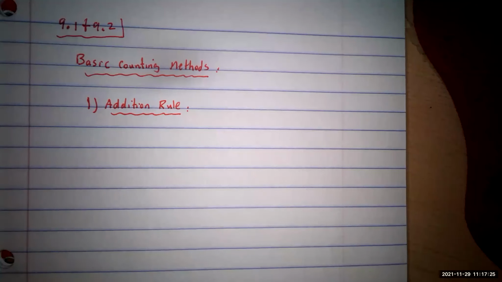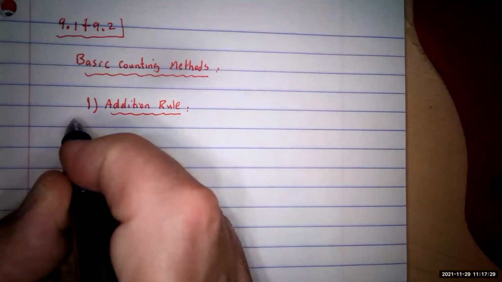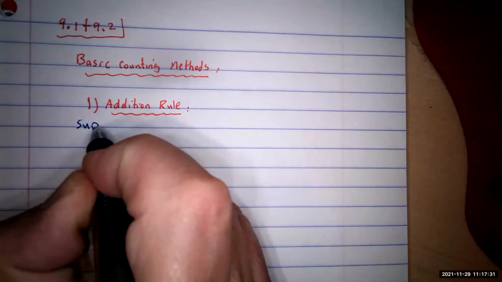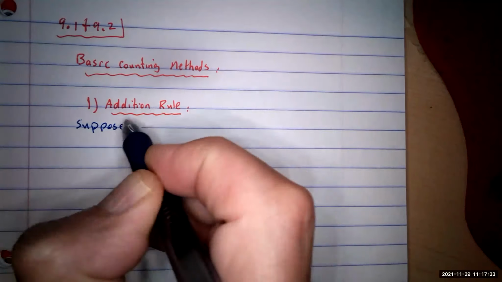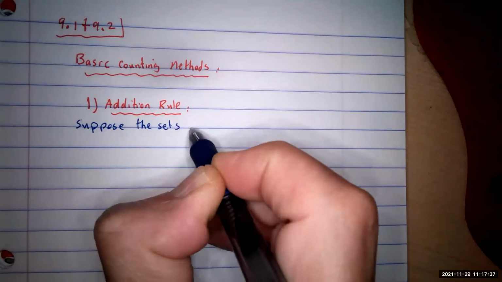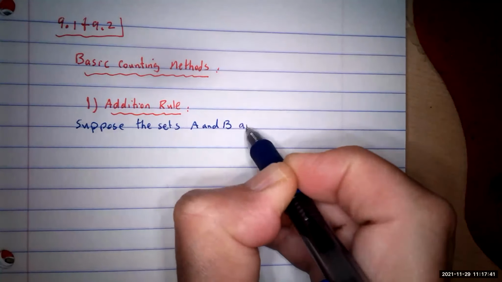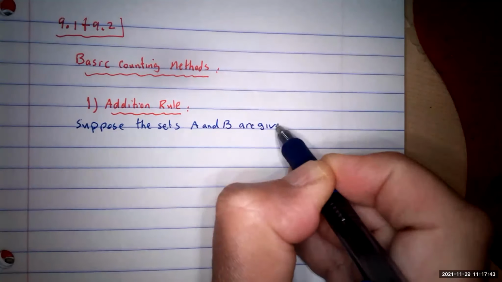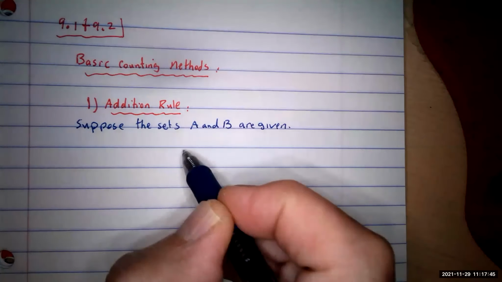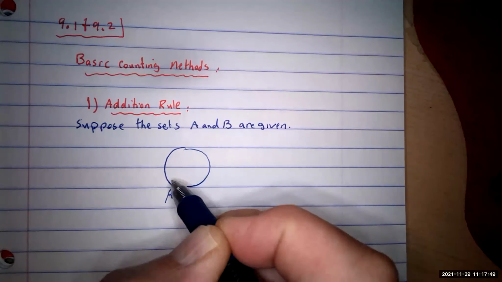We are going to consider, suppose 2 sets, A and B, are given to you. Okay, so this is going to be the set A with some members in it.